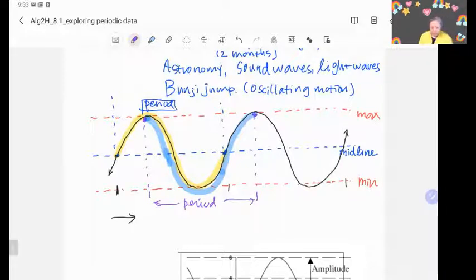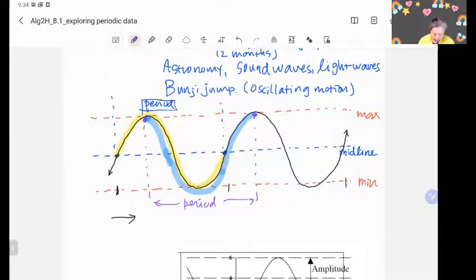As you see, the blue highlighted period and the purple highlighted period, it doesn't matter what part of the periodic data you use, the period itself as the time period should be the same because it's all the same repetition.